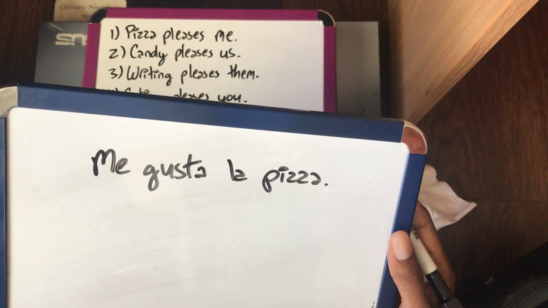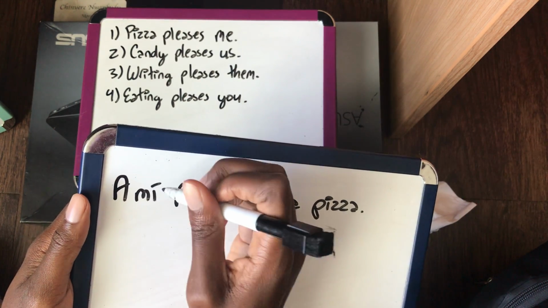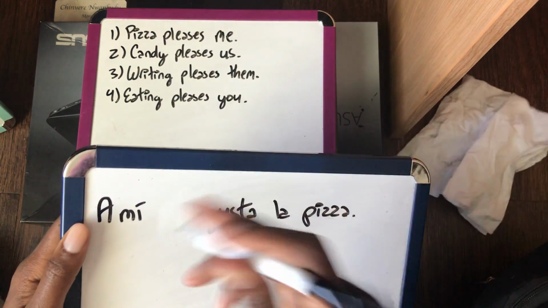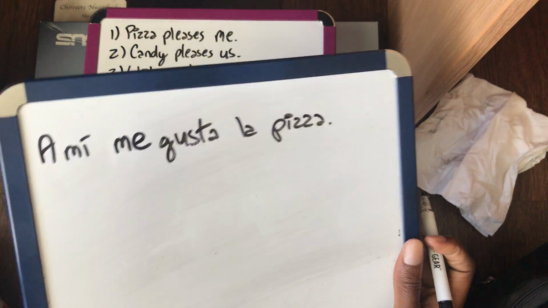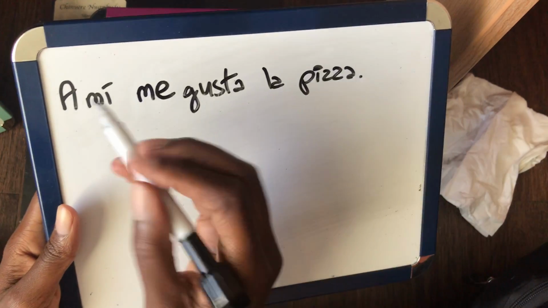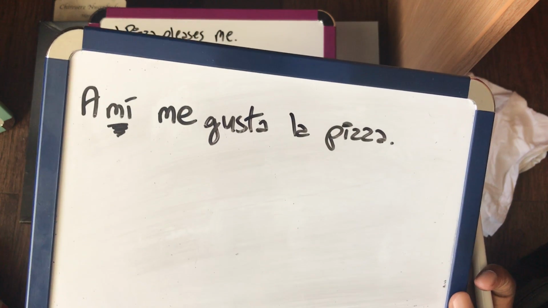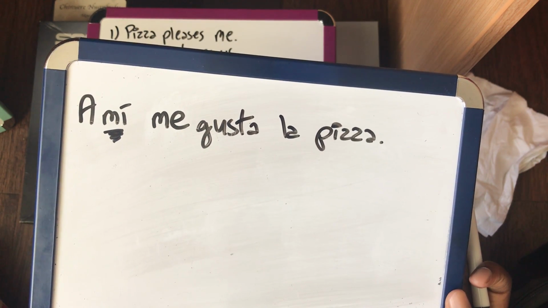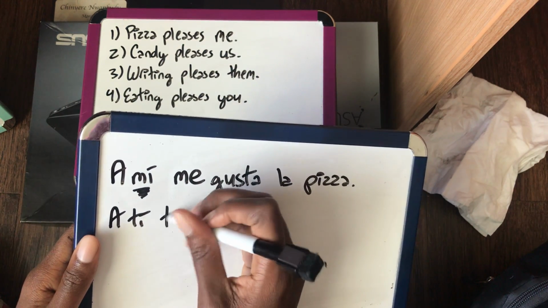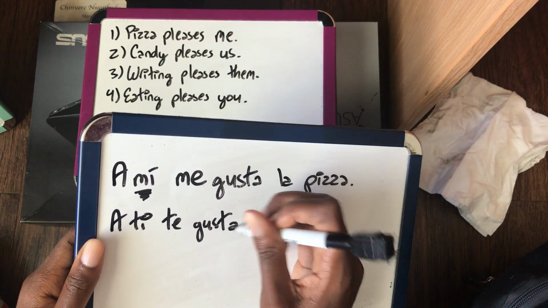You can make it even clearer than this by adding here the personal a, a mí, to me, sticking with the indirect again, and doing the sentence like that. So this me here is another way to communicate the object me in English. A mí me gusta la pizza. A ti te gusta. Oop, this is not an accent. A ti te gusta la pizza.